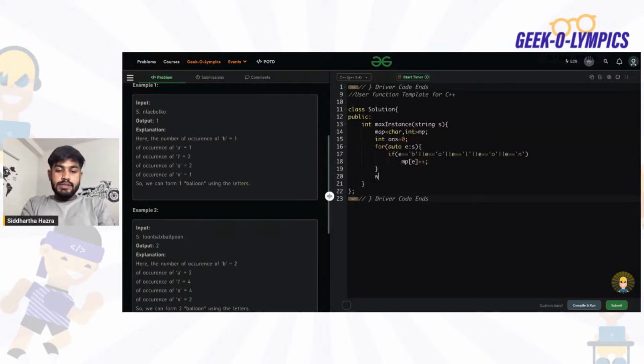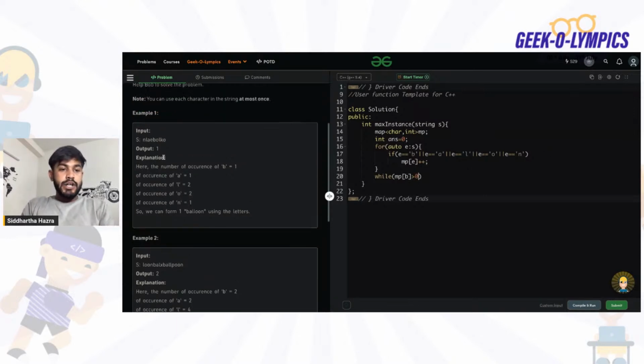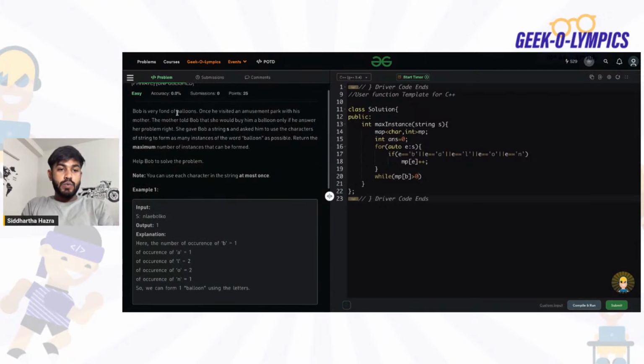Okay, now at this point I would say while mp of b is greater than 0. Okay, because the number of occurrence of b required is 1. Okay, and then a is also required once. Okay, and then I would simply copy this one.